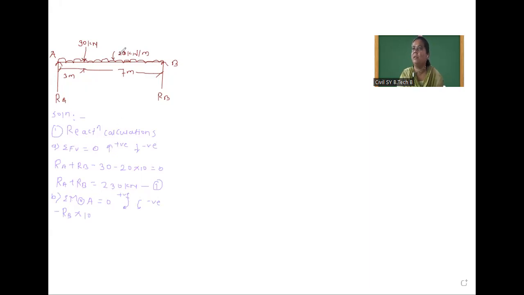After that, we move towards the uniformly distributed load. It creates clockwise moment, so plus 20 into 10, acting at 10 by 2. Now the 20 kilonewton per meter load is over, so we move towards the 30 kilonewton force. This force creates clockwise moment, so plus 30 into perpendicular distance 3, which equals 0.